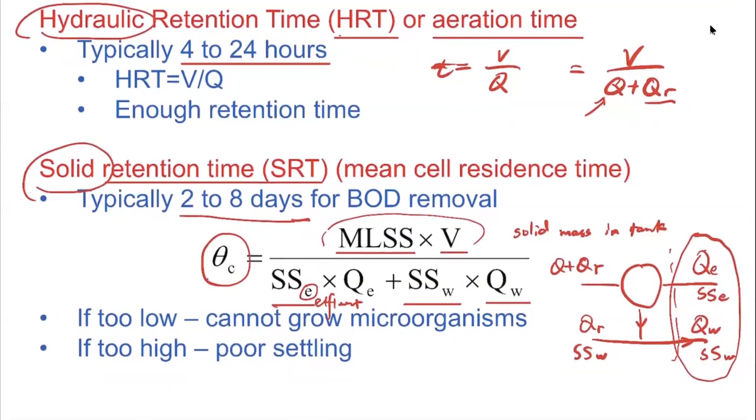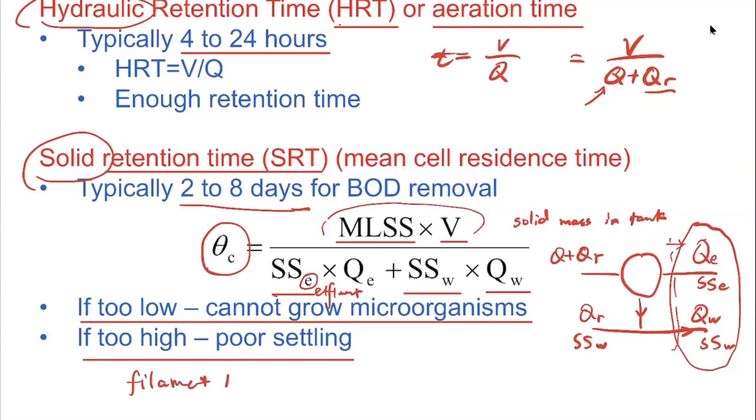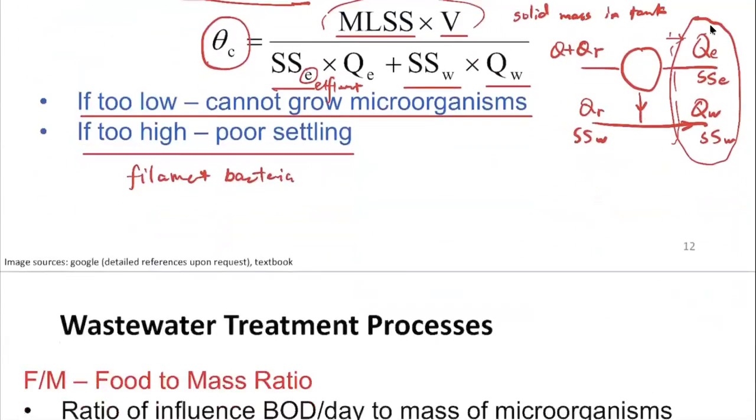So for this solid retention time, there are requirements as well, because if it's too low, it means that not enough microorganisms are being grown, right? Before they grow into more populations, they just exit from the system. But if it's too high, then we're also going to form these filament bacteria. So basically, they form these larger branches, which is going to be difficult for them to settle down.